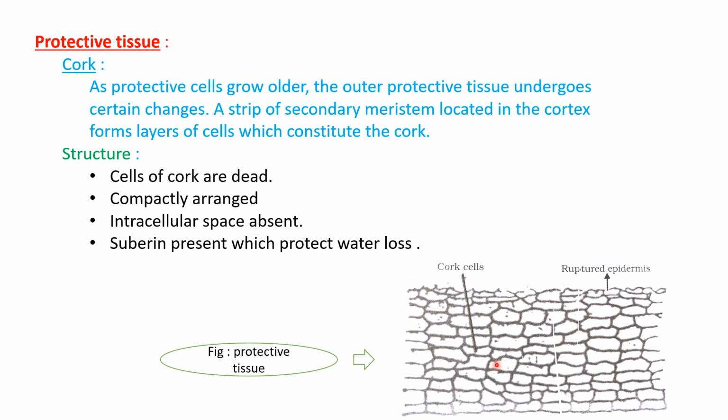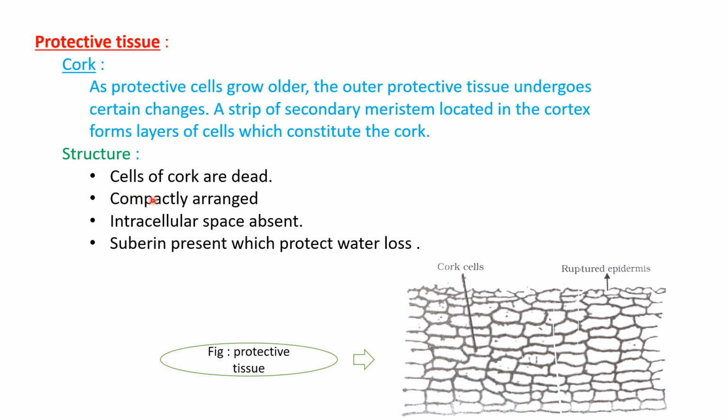Actually, protective or permanent tissues we are getting from the meristematic tissue only. When they lose their ability to divide, when the meristematic tissue gets older, there are certain changes, and these changes happen like a cortex formation. This is called cork. Here you can see the uppermost is the epidermis, and below this is called cork.